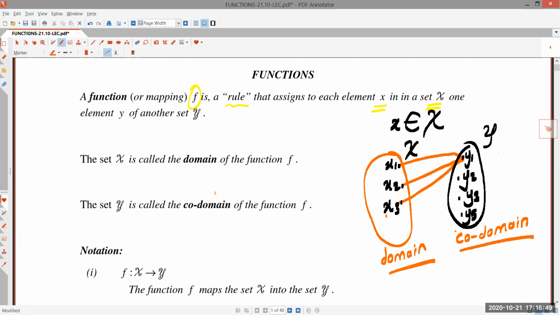So the set X is called the domain of the function f, and the set Y is called the codomain of the function f.